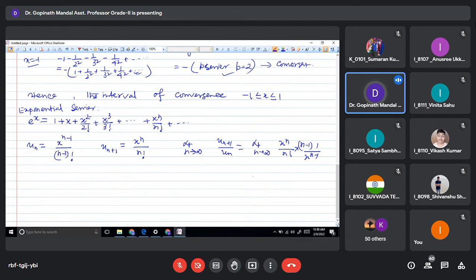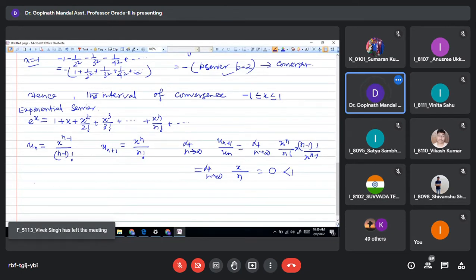So limit n tending to infinity, this will be x by n. So as n tends to infinity, the limit is 0. 0 is less than 1.